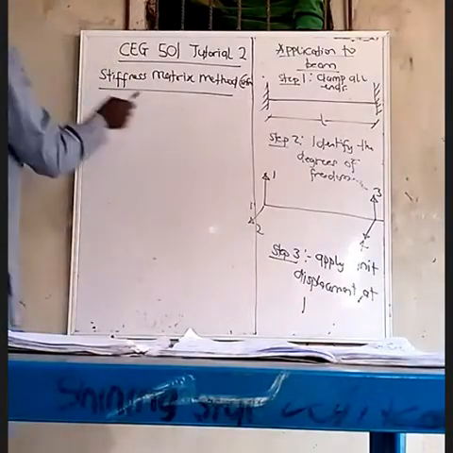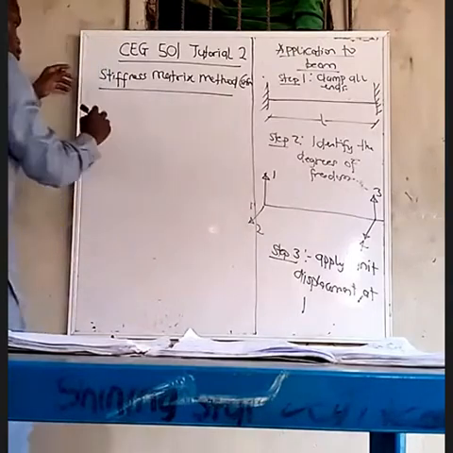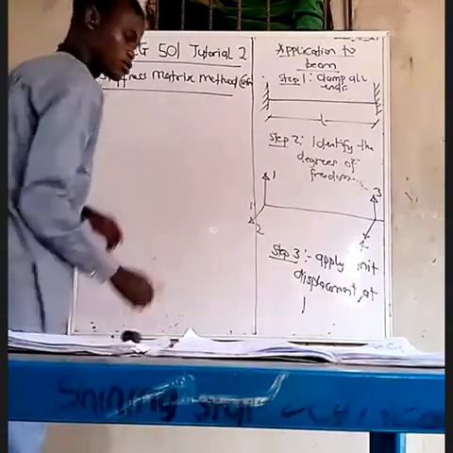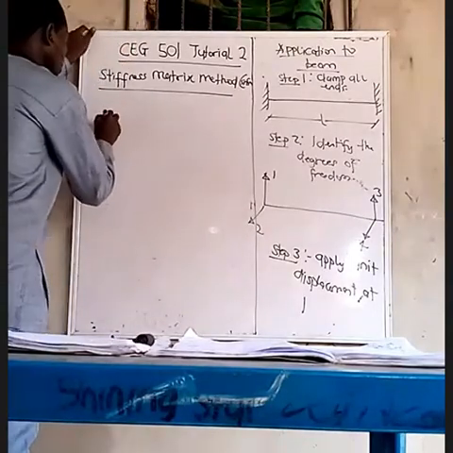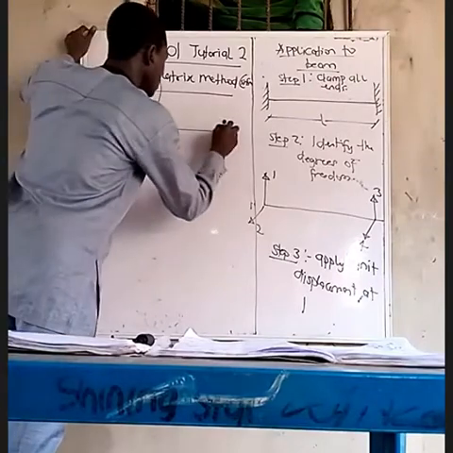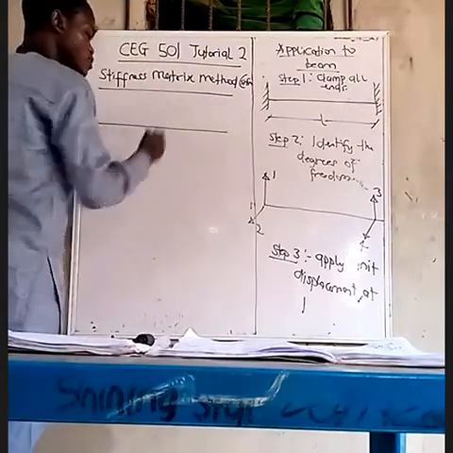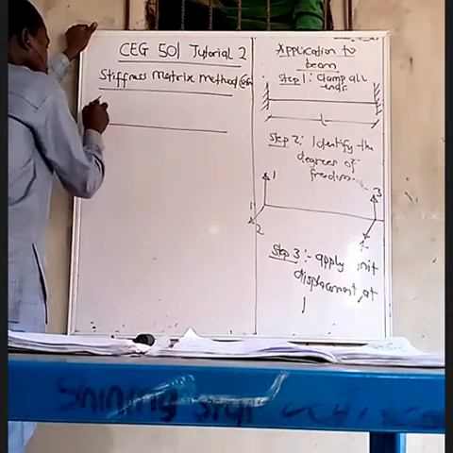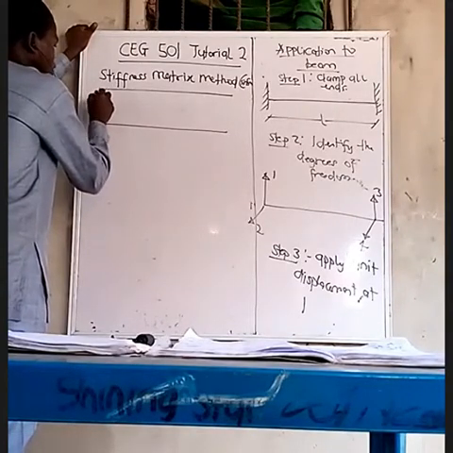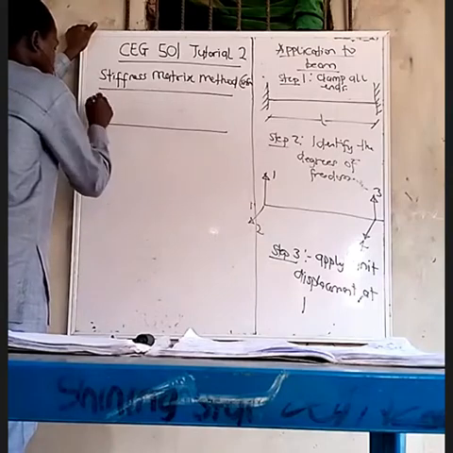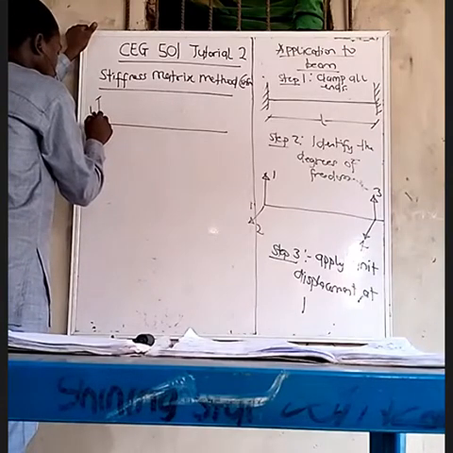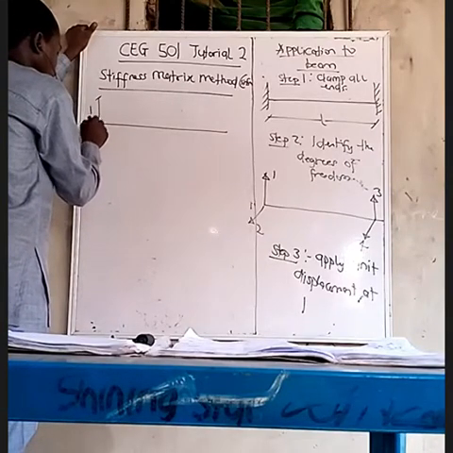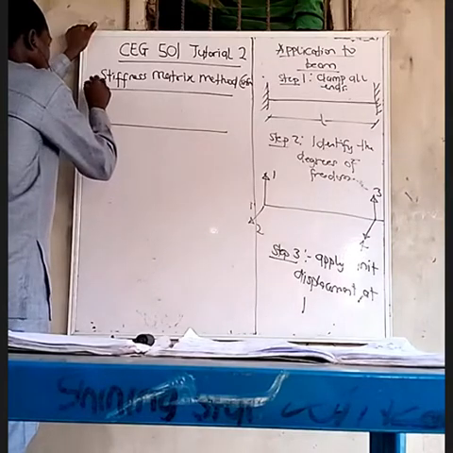Please pay attention to this derivation because it's really going to help you when we are solving the question. We are applying a unit displacement. If it comes like this, unit displacement 1, what will happen to the structure?